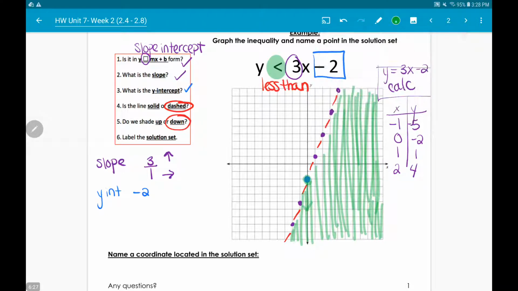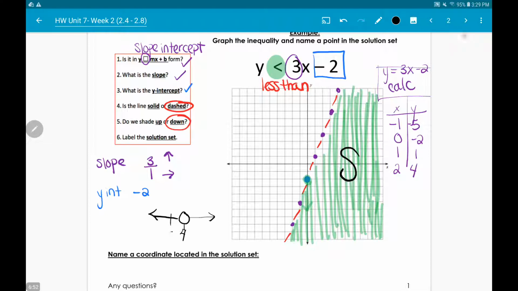All right. Now the last part is we're going to label our solution set. Our solution is where the shaded region is. So this whole region is a solution. So if I wanted to name a coordinate in my solution, I can name it anywhere in that shaded spot. The one thing we want to keep in mind is when it's not equal to, just like the number line, when it's not equal to on the number line, were we allowed to include the number that was here?